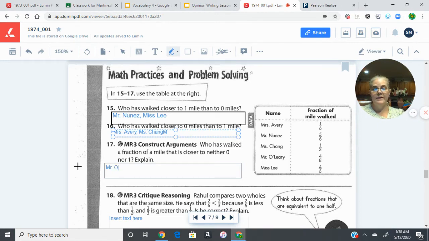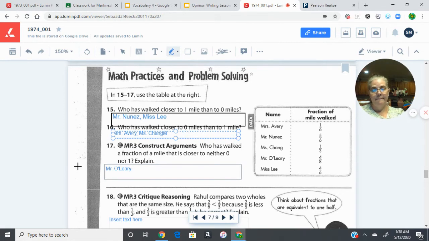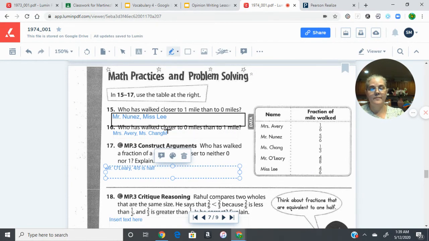Mr. O'Leary, because 4/8 is halfway. Oh, goodness. I can see up here we've got a little typo. Okay.